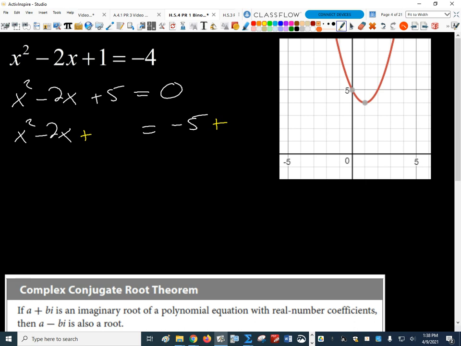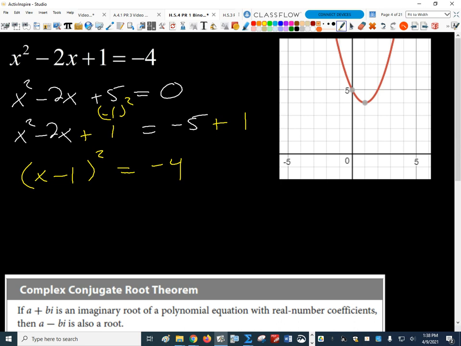So it'd be negative 1 squared, which is 1. And so that's going to factor into what on this side? It's a perfect square trinomial. My magic numbers are negative 1 and negative 1. So I get x minus 1 squared equals negative 4.